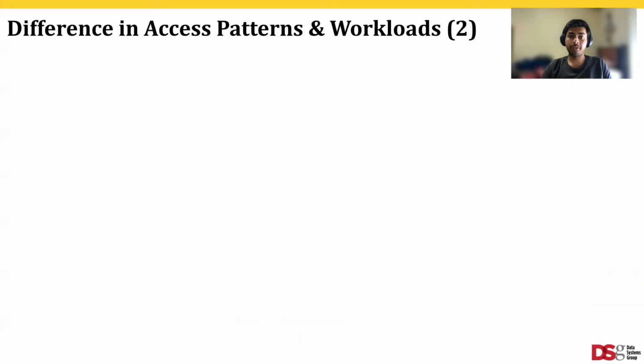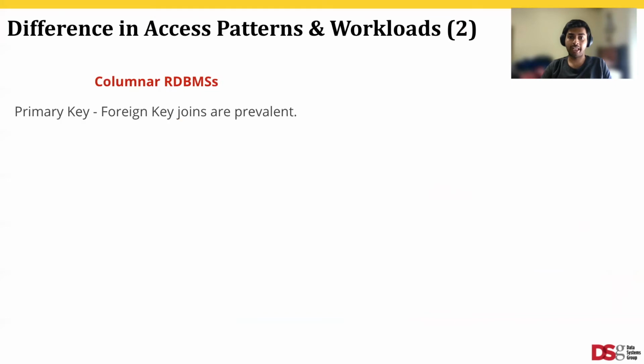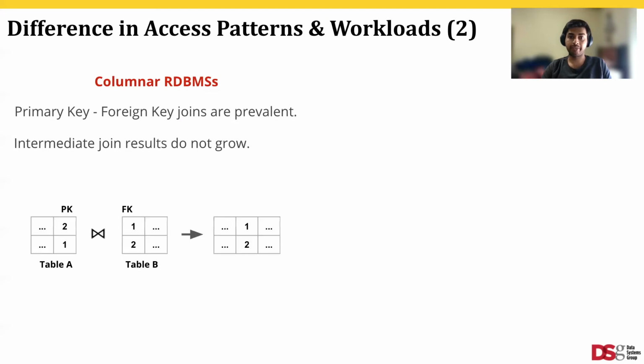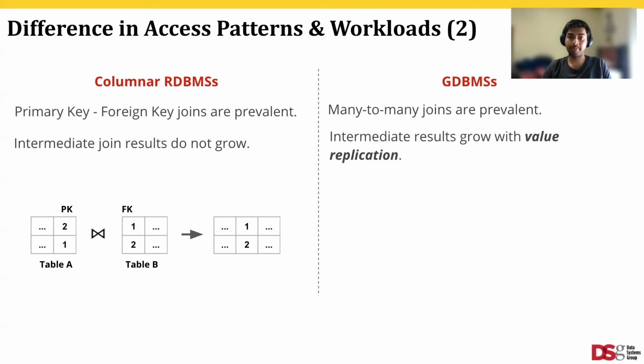The two systems also differ in the nature of joins they perform. The joins in columnar RDBMSs are predominantly primary key-foreign key joins, which do not grow. That is, there is no explosion in the number of intermediate tuples produced, and hence nearly no data replication. However, in graph systems, joins are typically many-to-many. As a result, joins grow rapidly, that is, the number of intermediate tuples explodes with lots of replication, and increases with the number of joins in each query.